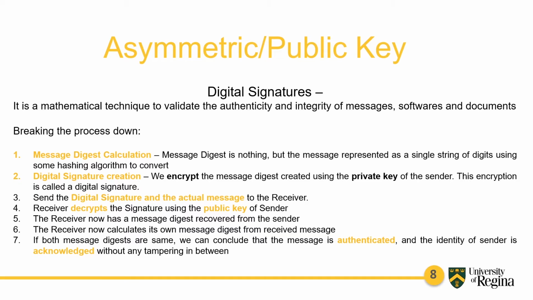If they both match, then the message received is valid and it was not tampered with. If they don't match, we know that the message is invalid because it has been tampered with and we can take appropriate actions. Let us now look at an intuitive example to better understand this whole process of exchange of messages with digital signature validation.